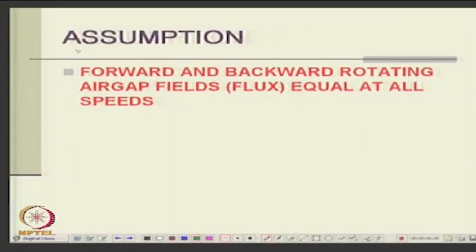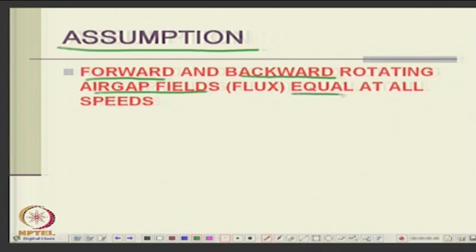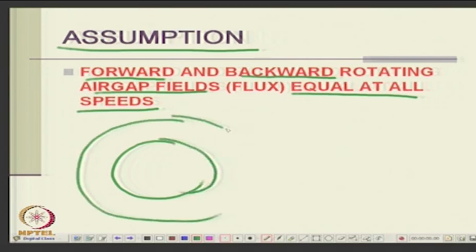Okay. So, what is the assumption we have made so far? In this hypothesis, we said that the forward and backward rotating air gap fields are equal at all speeds. Air gap field, forward air gap field, after all, where is the field? The field is in the air gap, okay.